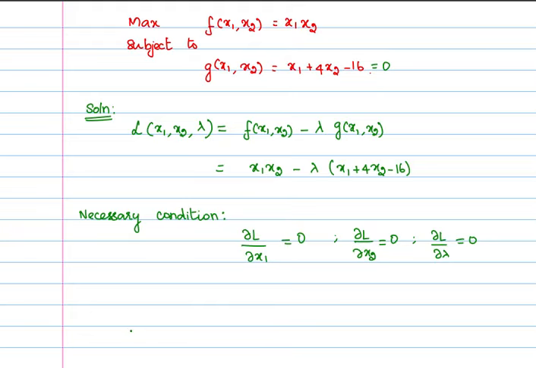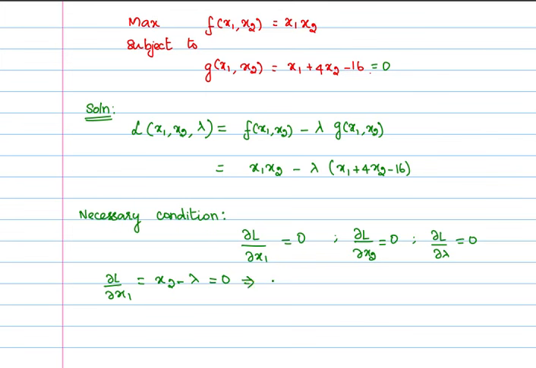The first step I want to calculate is dL by dx1. If you take it partially with respect to x1, only x2 remains, and the derivative of the lambda term gives minus lambda, equal to 0.